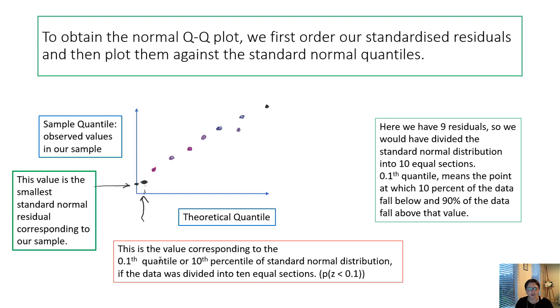This is just for your understanding. When you go to your lab, you will have all these plots produced by your R programming, and then you just have to look at the plots and decide whether the assumptions for linear regression hold or not.